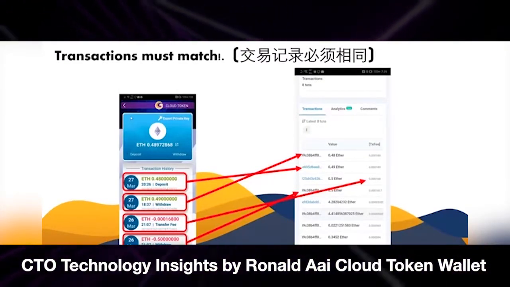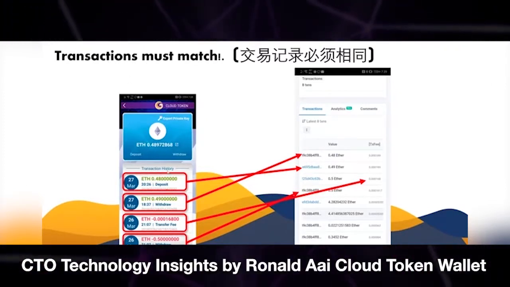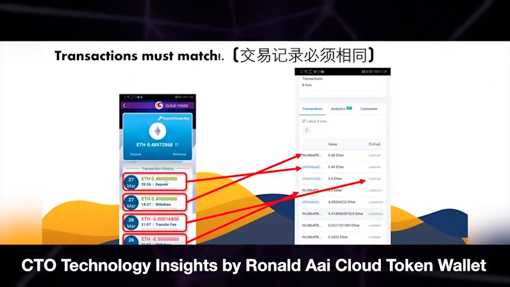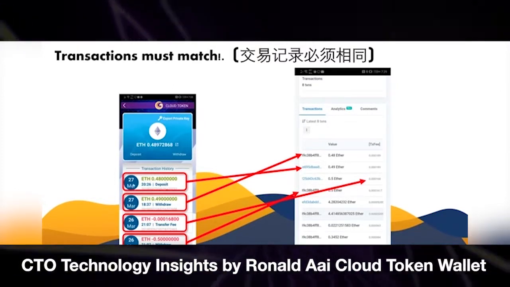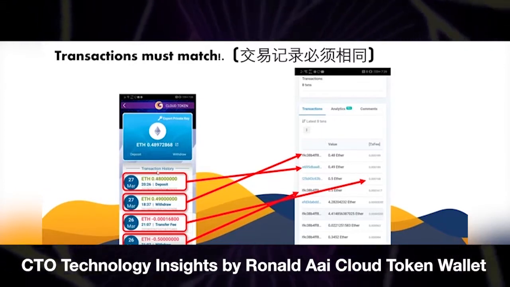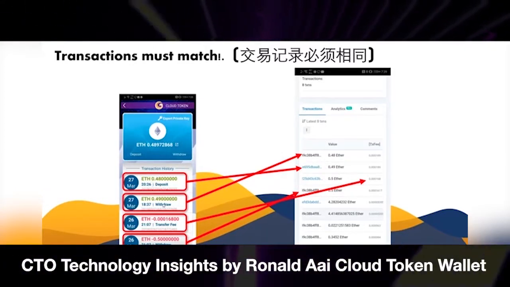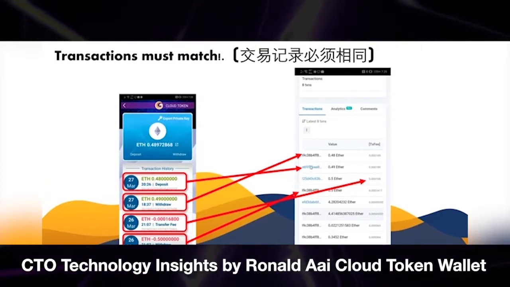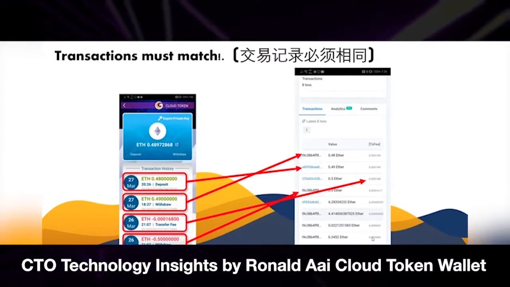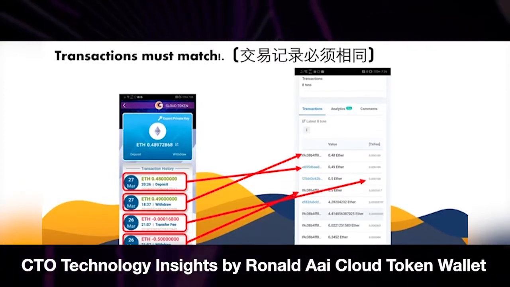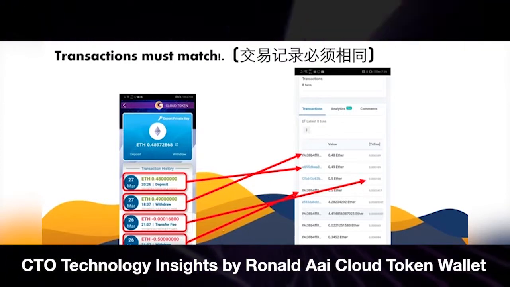The second thing that you need to check is that the transactions must match. This clearly shows that we are reading from the chain itself. So on the 27th March, I have this 0.48 deposit. So you have this here and 49 here, and we have a gas fee and a withdrawal.